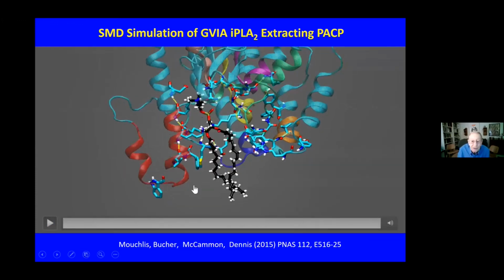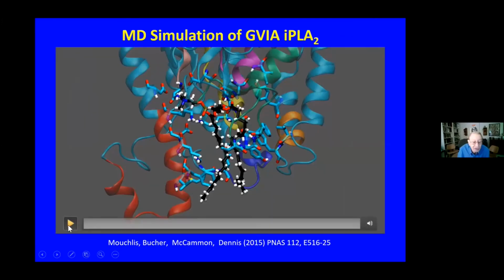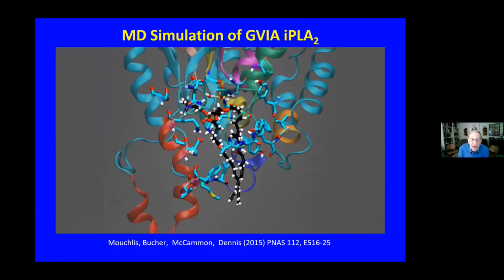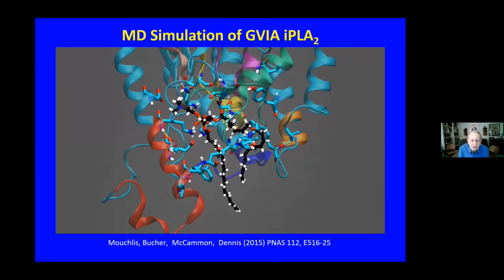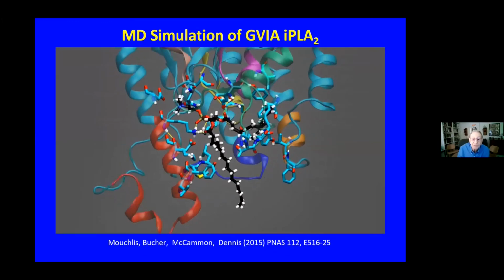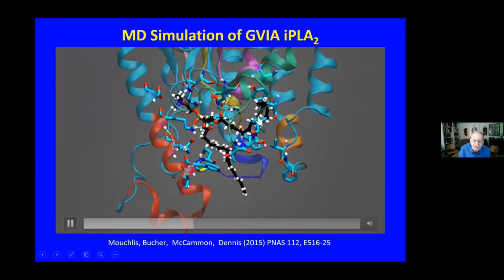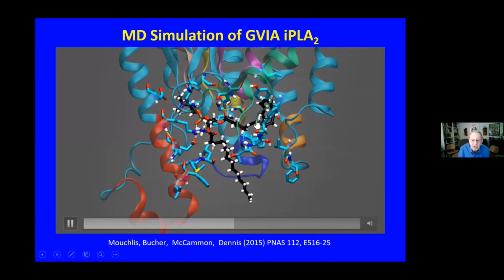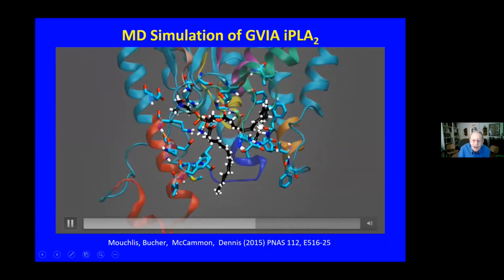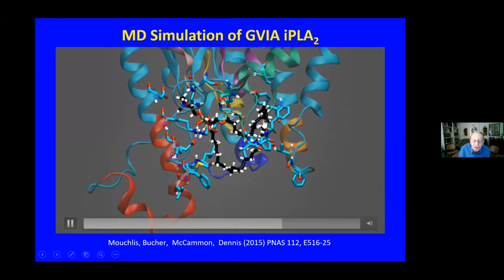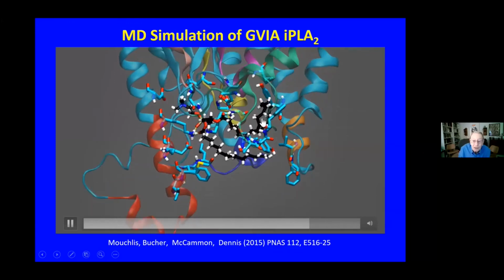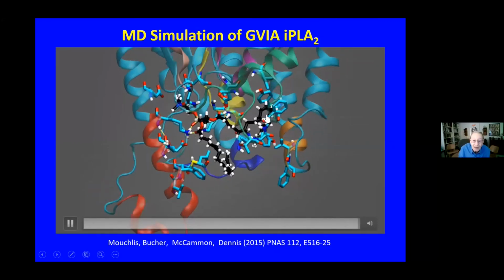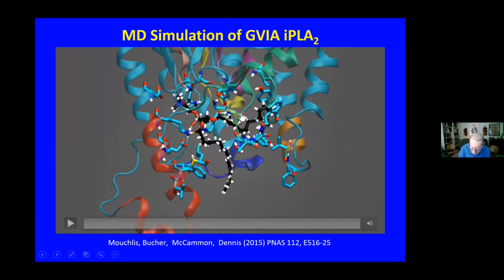Once it's pulled up in the active site and it's allowed to occupy its ideal position, the active site opens up, which causes a conformation change. And this defines the substrate site of the arachidonic acid in this enzyme. In this enzyme, arachidonic acid looks very different in its structure than in cPLA2 because the binding subsite for the SN2 fatty acid has a very different conformation.